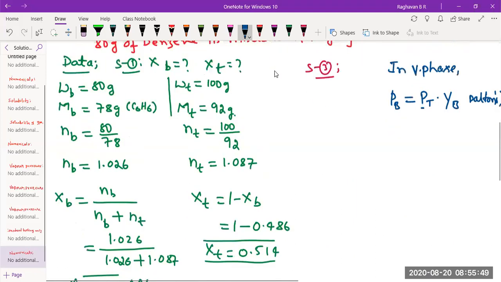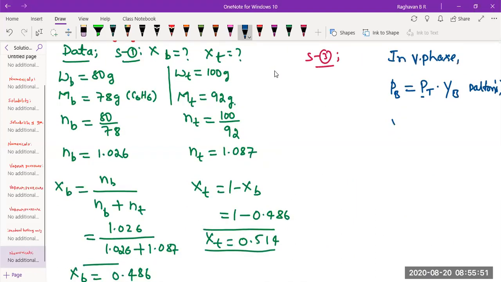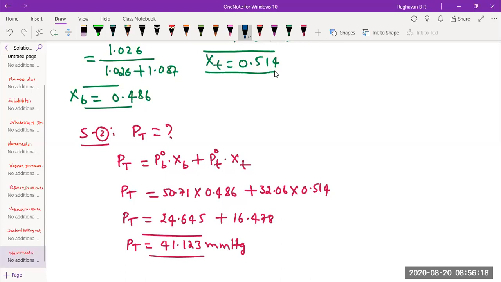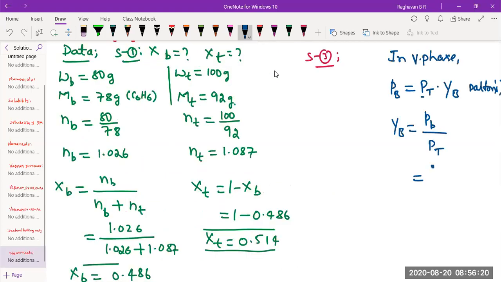So YB is equal to PB, pressure of benzene, divided by PT. PB is 24.645 divided by 41.123.